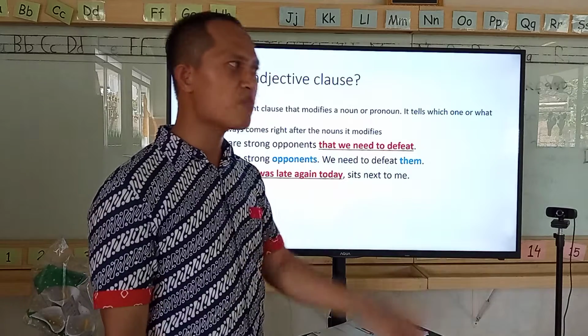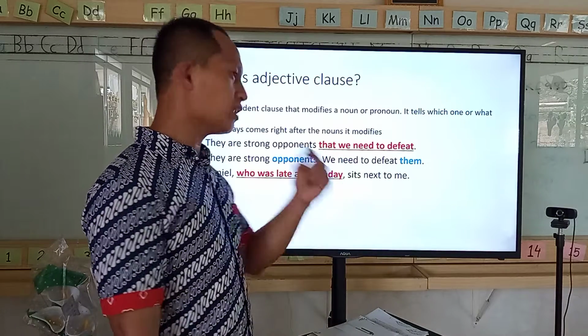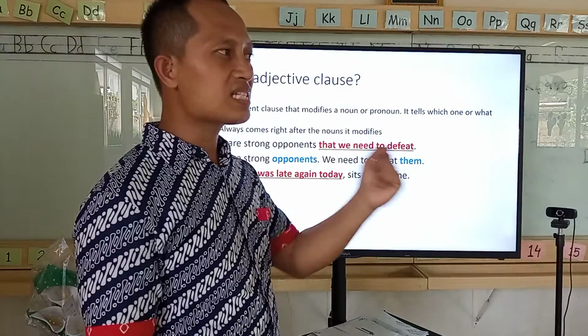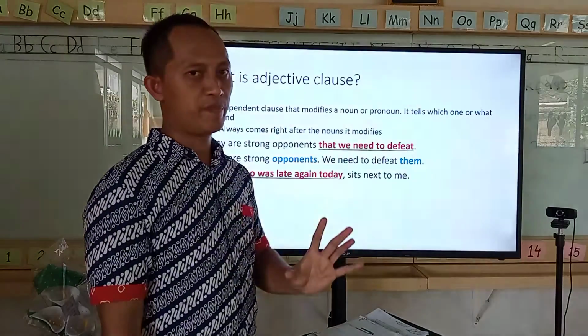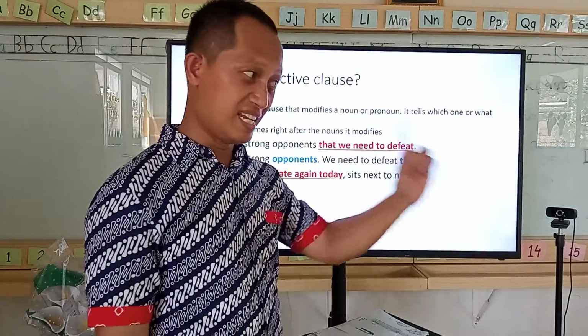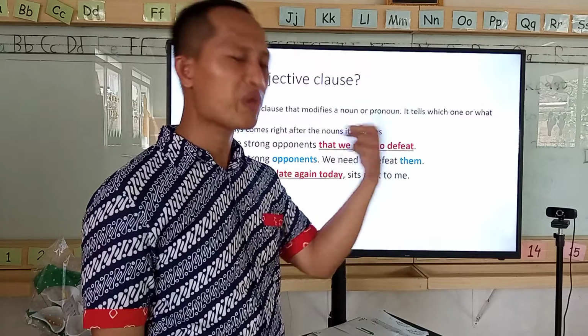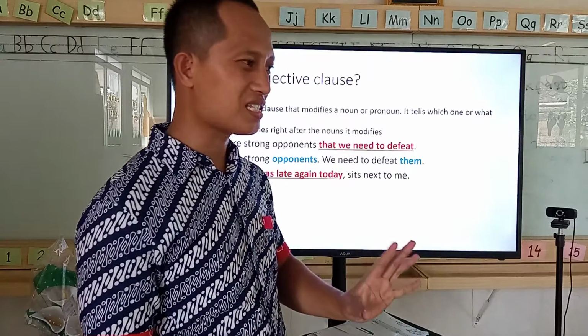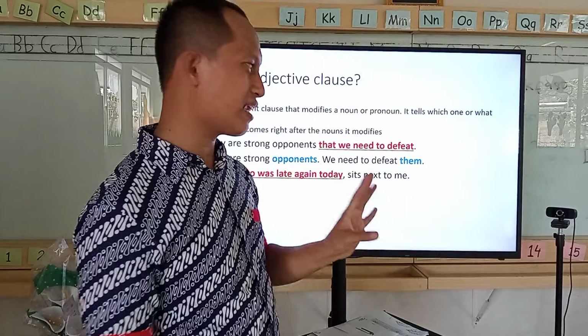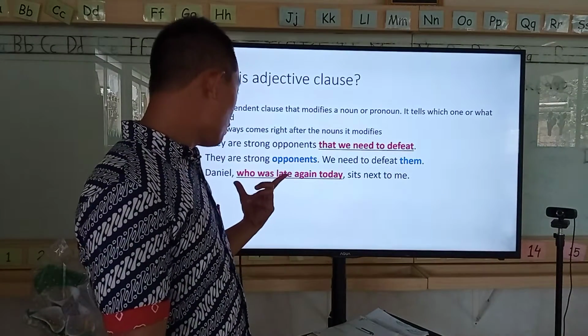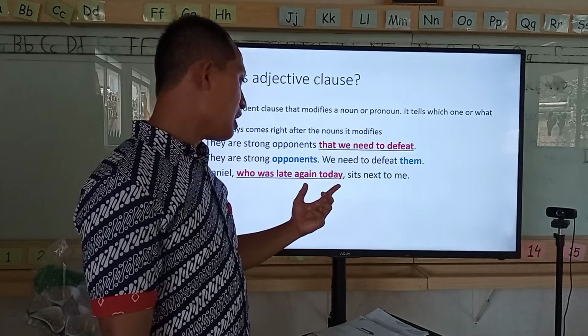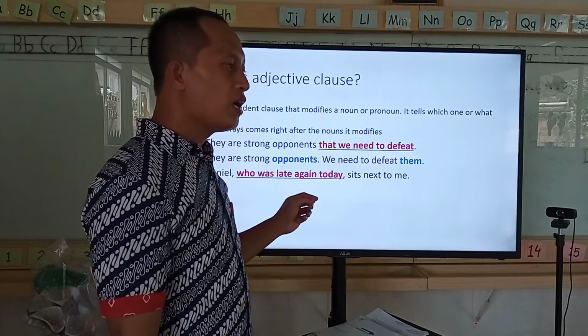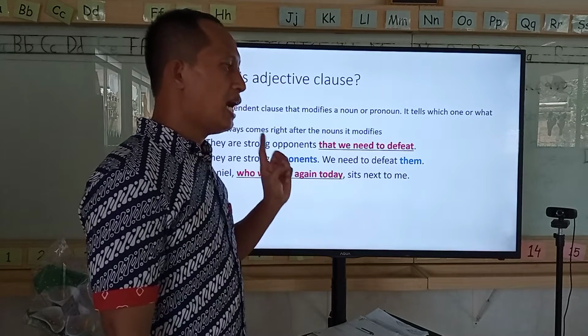So there will be no misconception without telling the one who is always coming late to meetings. Everybody knows that Daniel always comes late, and nobody else. It's only one.